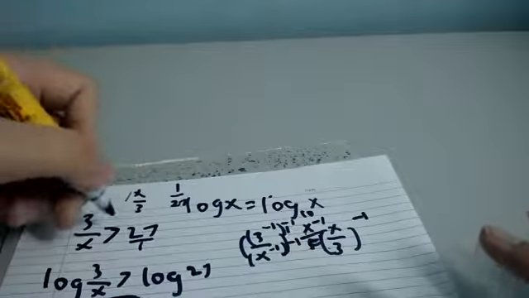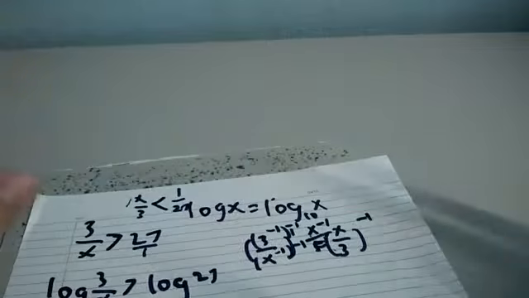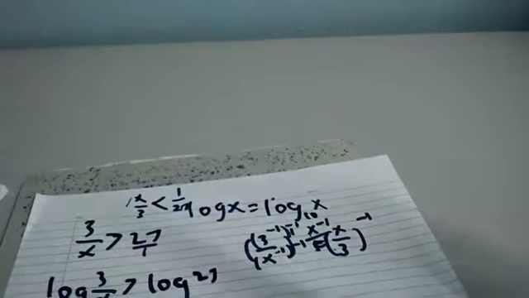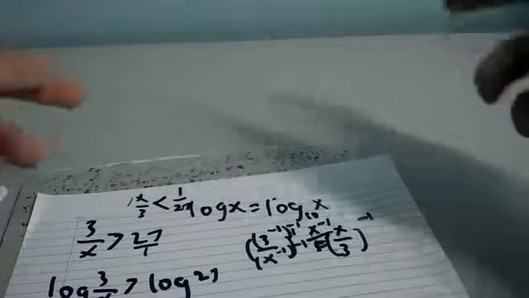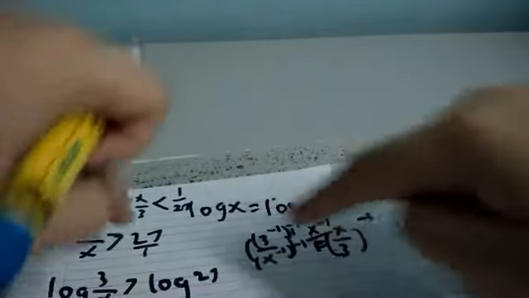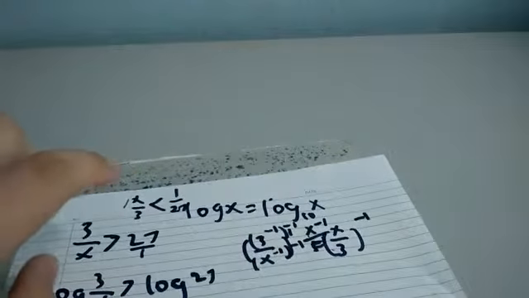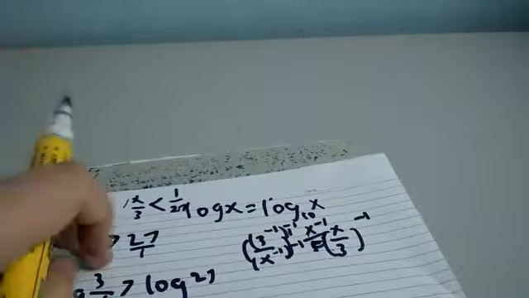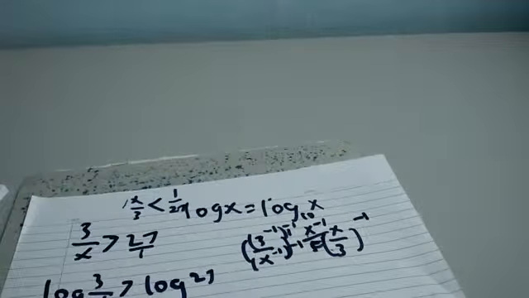But don't forget, I need to make this term inverted. So when you meet x at the denominator, you just need to flip these two terms, and then flip the inequality sign to the opposite sign. For example, if the inequality sign is bigger than, you need to invert it to less than.